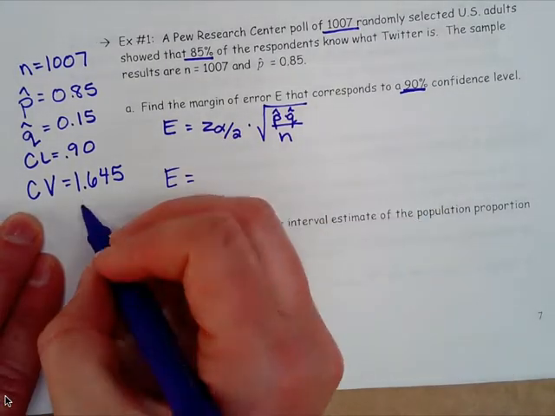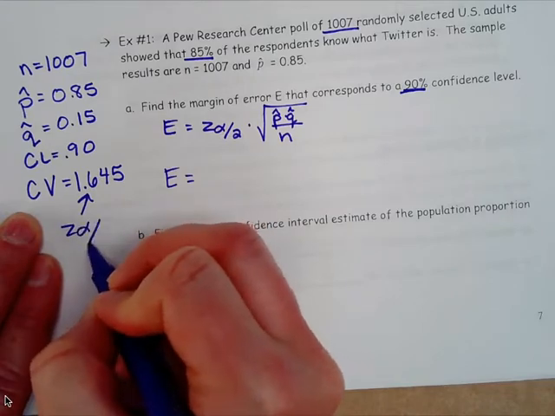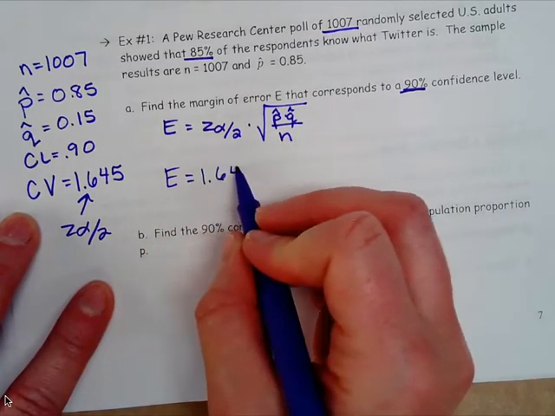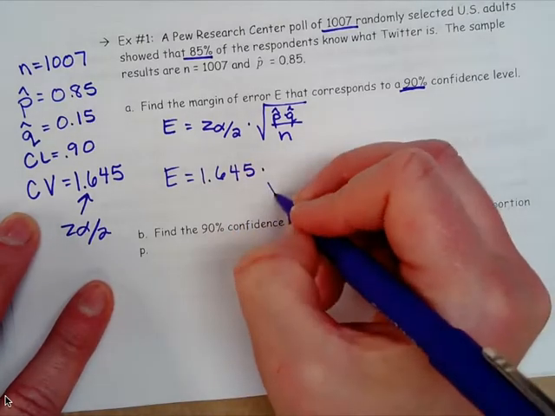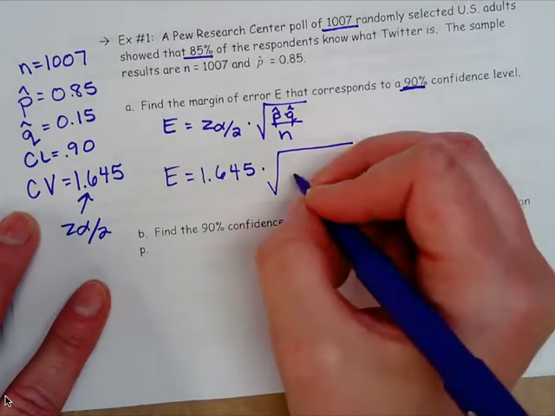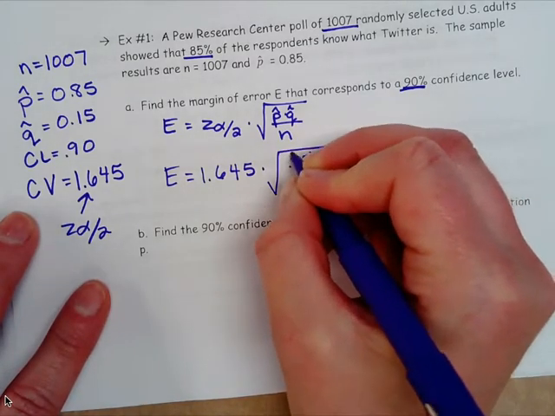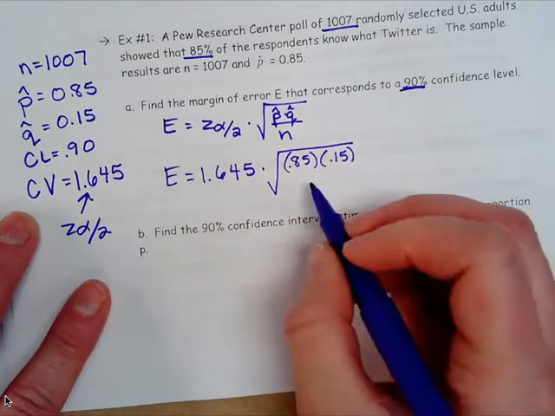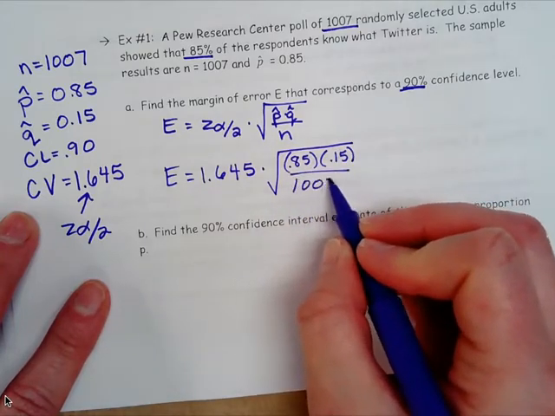So our critical value, that's our Z alpha over 2. So it's going to be 1.645 times, do our P hat, so 0.85, times our Q hat, 0.15, over N, 1,007.